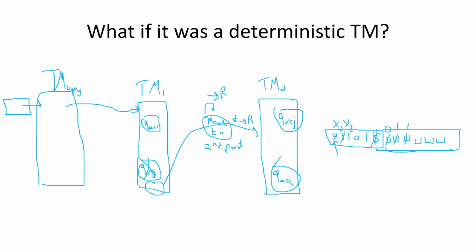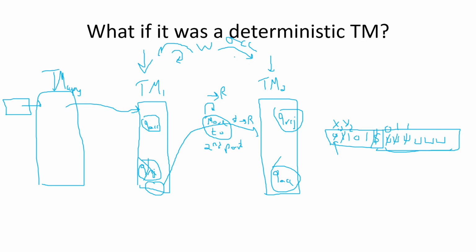However, say one of them was not a decider, was, for example, a recognizer. Say Turing Machine 1 was a recognizer. It's possible that Turing Machine 2 would have accepted. So I'm saying you get some string W that might have looped forever in Turing Machine 1, but gets accepted in Turing Machine 2.